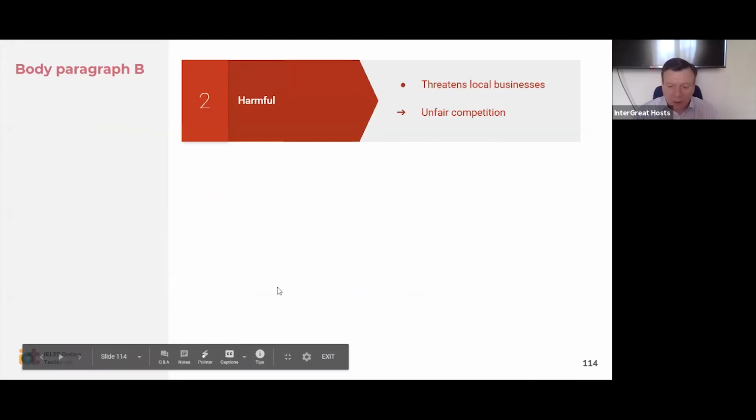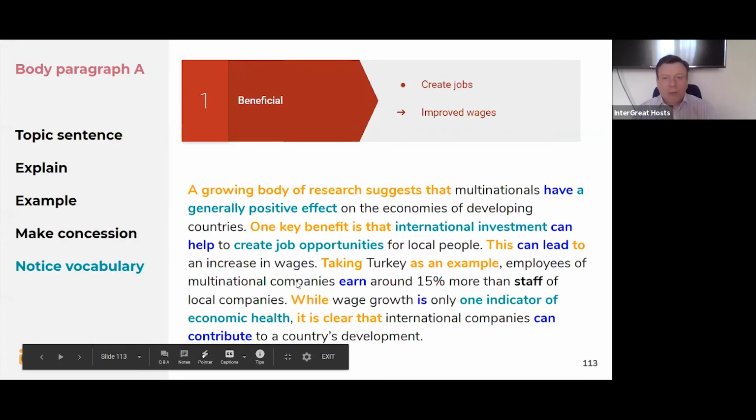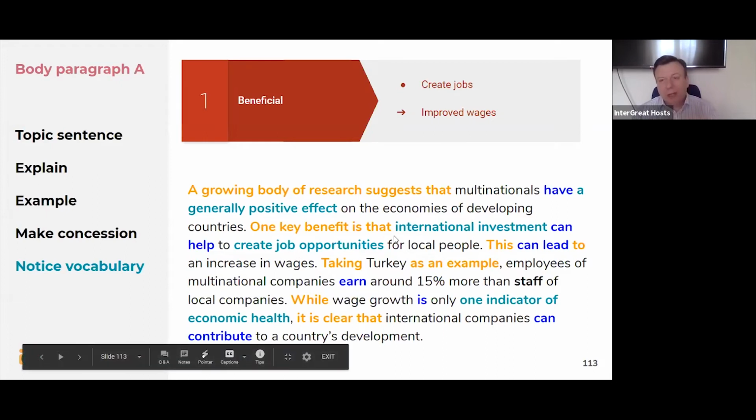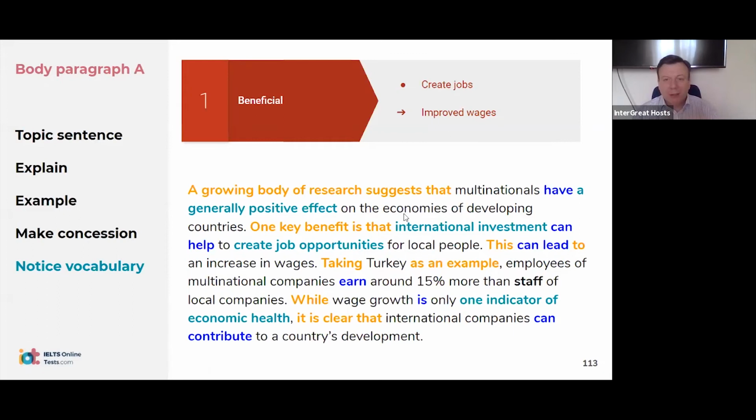So let me just go back. You want to make sure that you have a good knowledge of collocations, so words that naturally go together. If you can do that, then it's going to improve your score. Pashu, we're just showing a concession and showing how good our writing is.